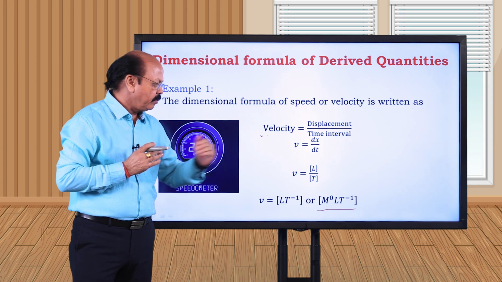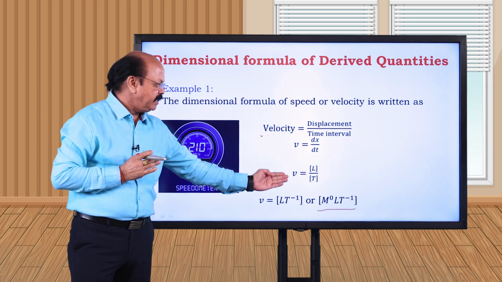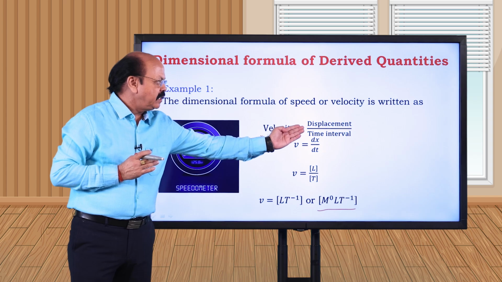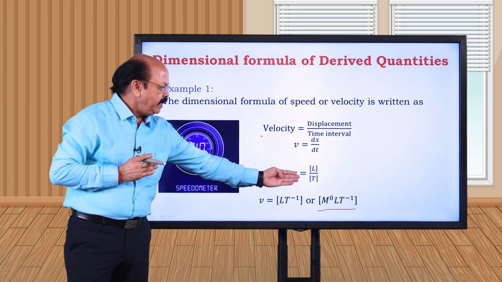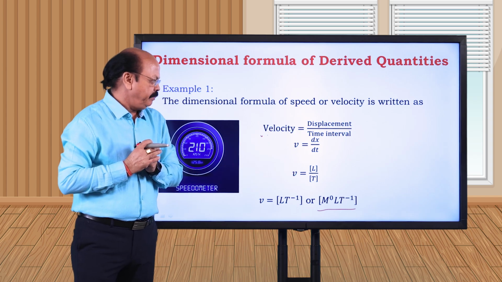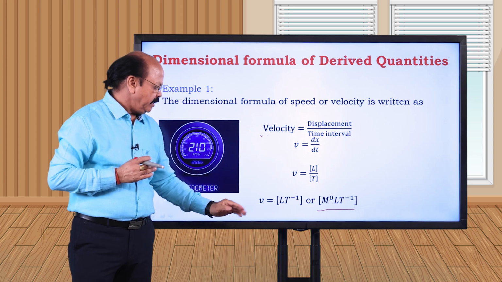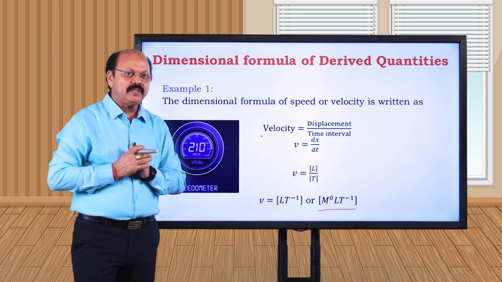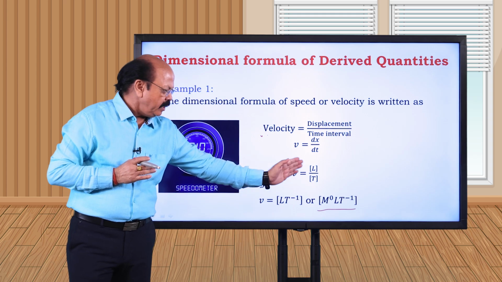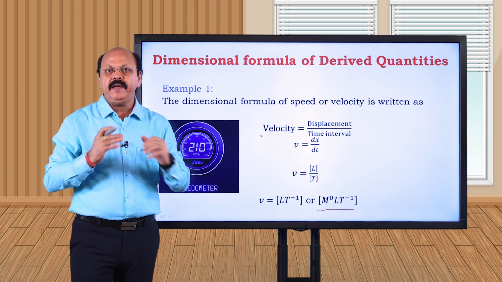Now, L is the dimensional formula for displacement and T is the dimensional formula for time interval. Then we can write v equal to L T^-1 or [M^0 L T^-1] within square bracket.